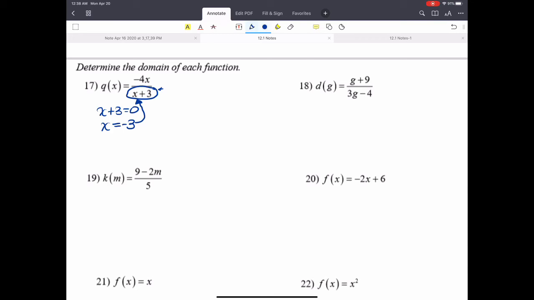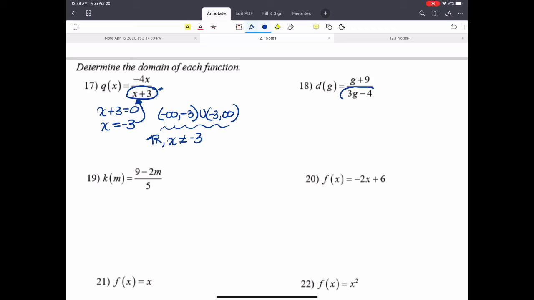So this one is going to be -infinity to -3, and then the union of -3 to positive infinity. Basically, that's a fancy way of saying that it's all real numbers, except where x is equal to -3.